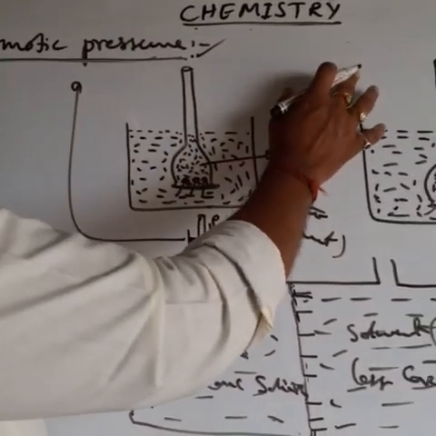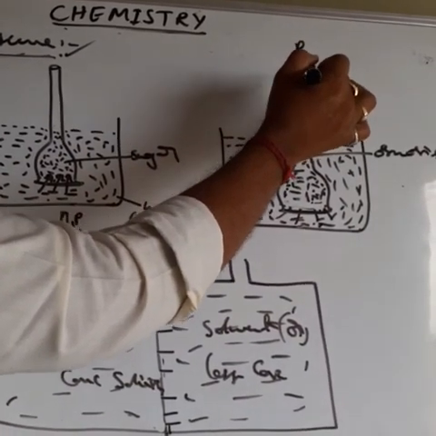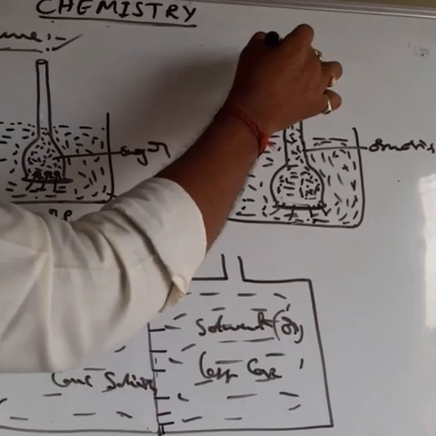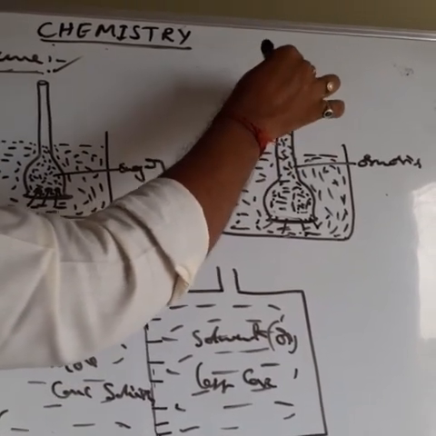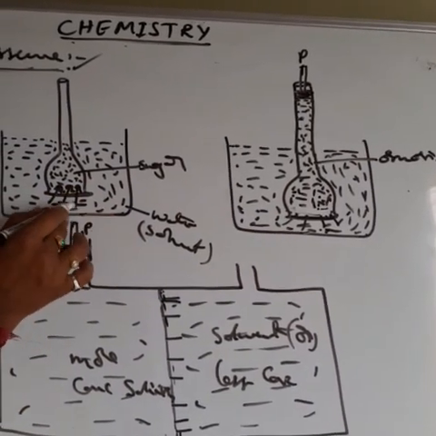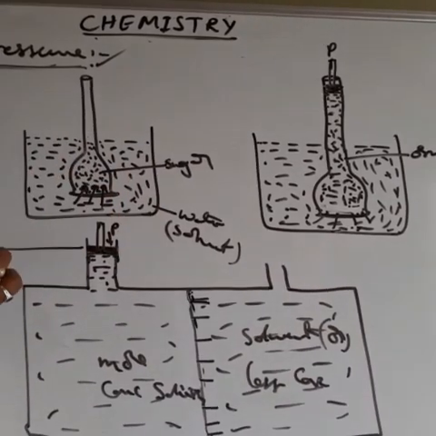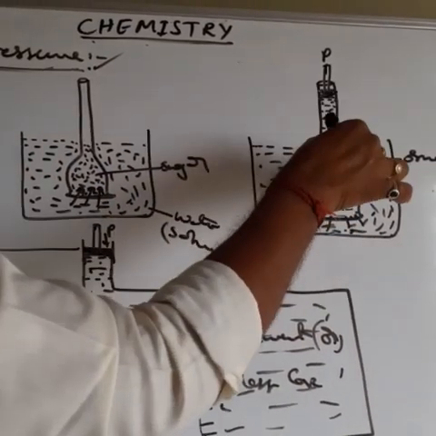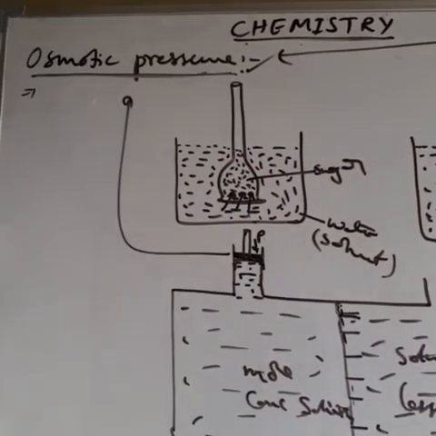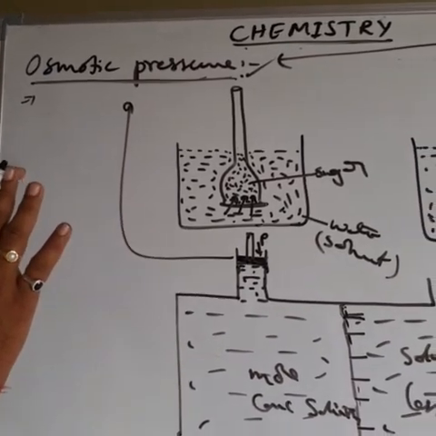So once again, the definition: the pressure more than osmosis is applied on the solution side in order to stop the flow of solvent molecules from the solvent to the solution through the semi-permeable membrane. That pressure is called osmotic pressure. Okay, so this is about the osmotic pressure.